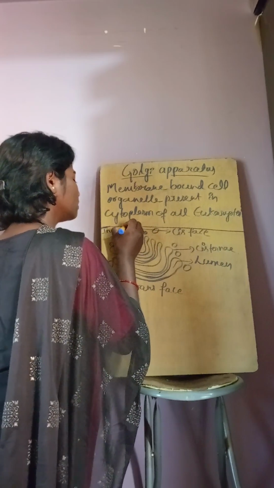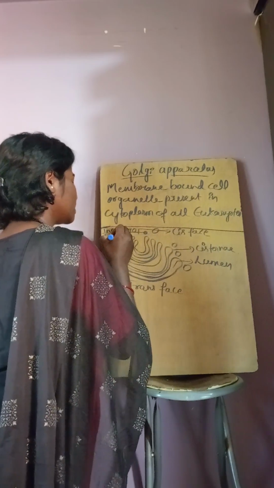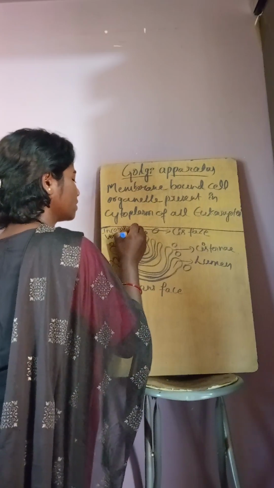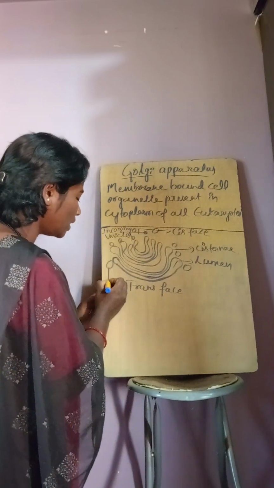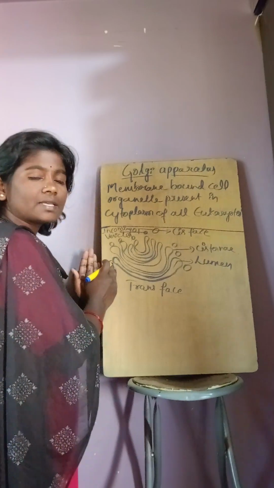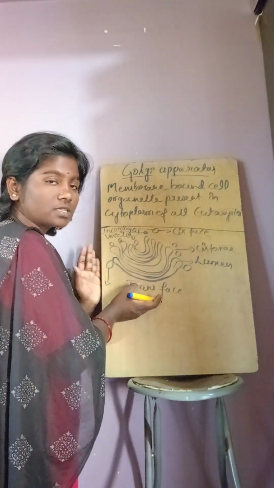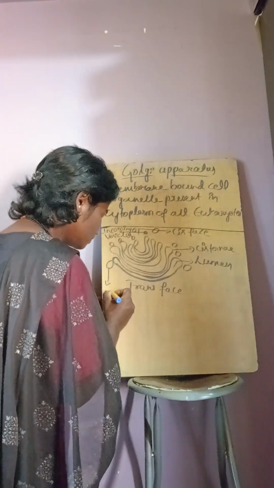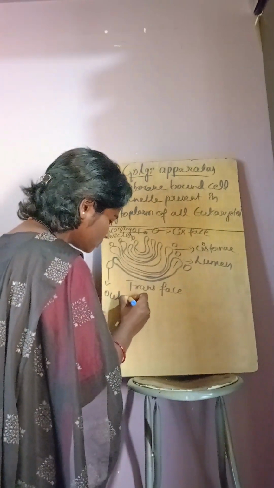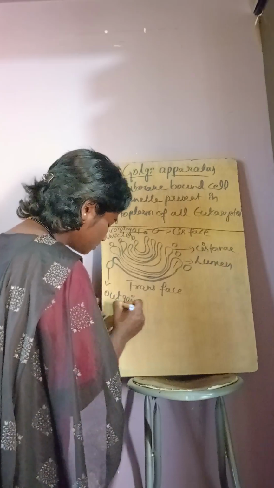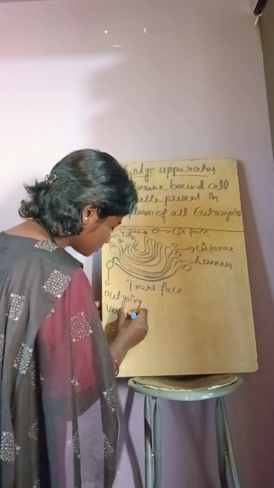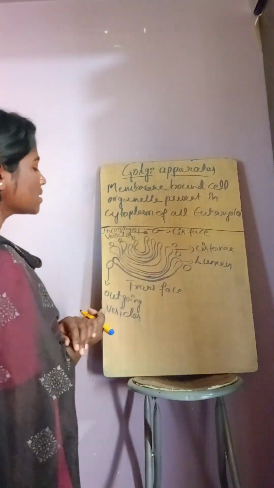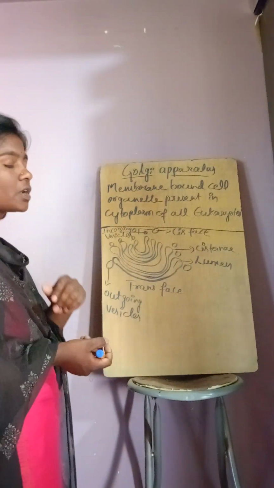The vesicles present at the side of the trans face can be called outgoing vesicles. Okay, this is the basic structure of the Golgi apparatus.